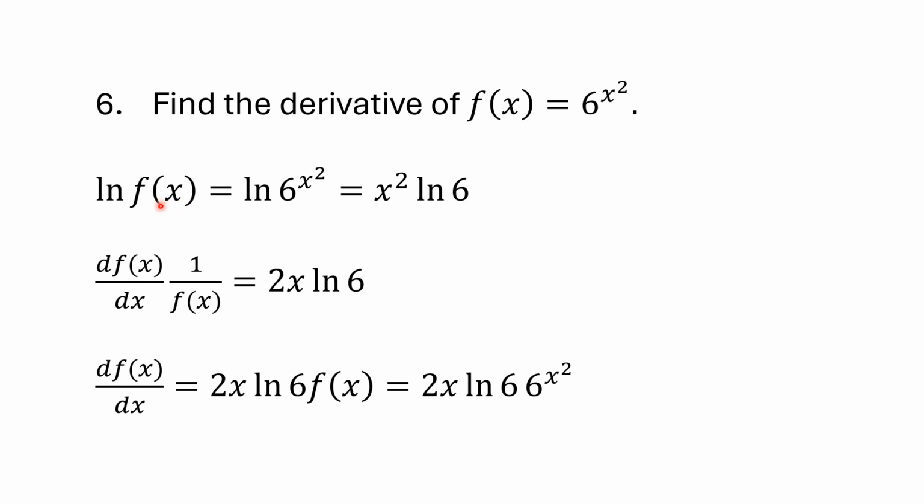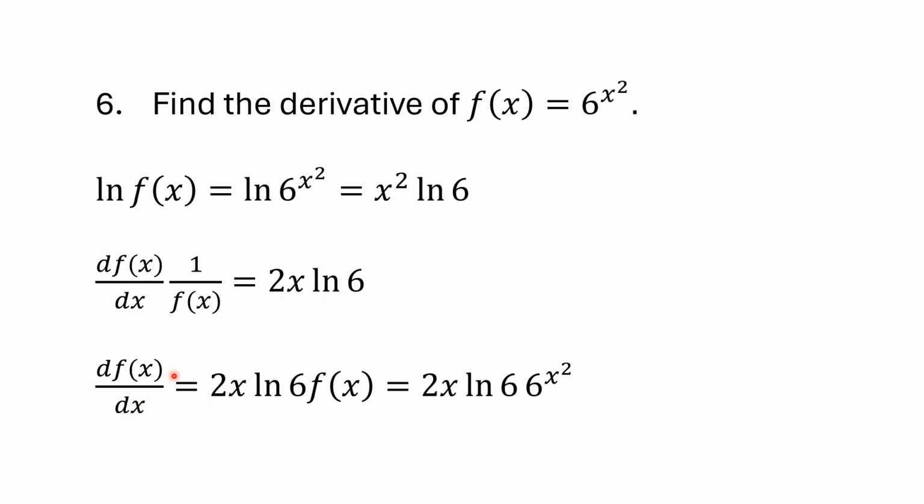So that's implicit differentiation. By the chain rule, we have to take the derivative of f of x. On the other side, the log of 6 is a constant, so the derivative of x squared is 2x.